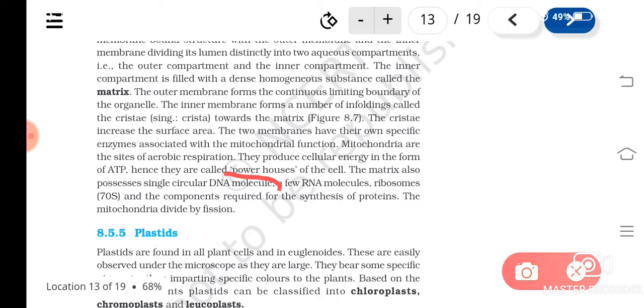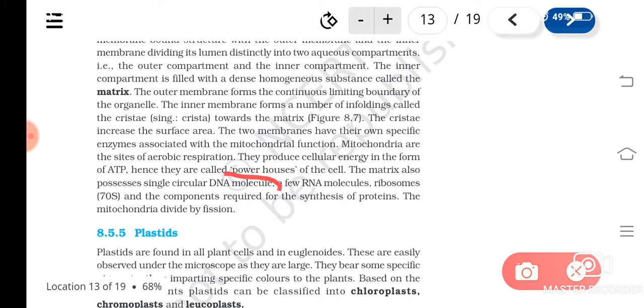The matrix also has a single circular DNA, RNA molecules, and ribosomes which are similar to those of prokaryotic cells. What are the ribosomes of prokaryotic cells? They are 70S, isn't it? So the single circular DNA is also one kind of prokaryotic feature, and these are present in the matrix of the mitochondria.